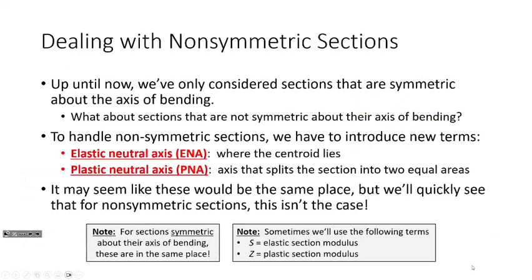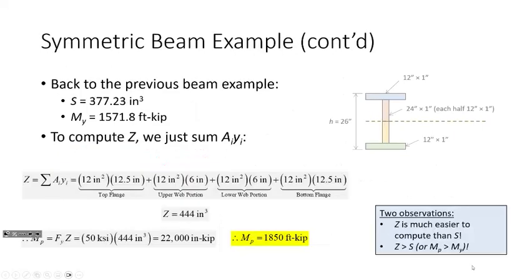Now, let me show you something. The thing about this beam that we kind of have to address is that this beam kind of cheated a little bit. This is a symmetric beam, okay? This green dashed line is the neutral axis, and that has two meanings.